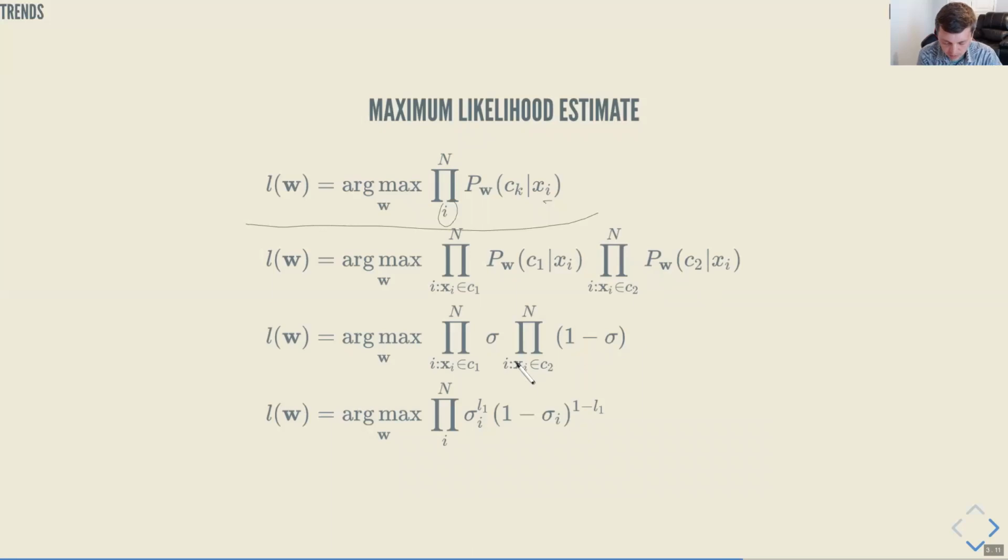And then we know that when it comes from class one, our probability distribution is modeled by logistic sigmoid. But when it comes from class two, it's modeled by 1 minus logistic sigmoid. That's how we set it in the beginning.